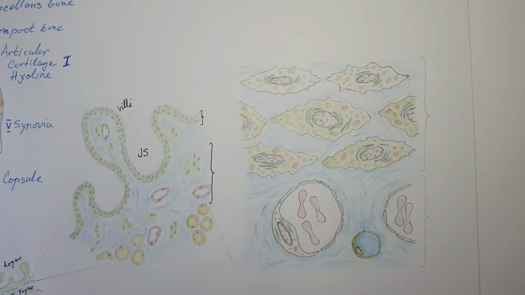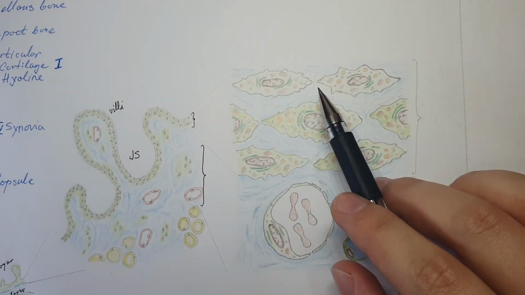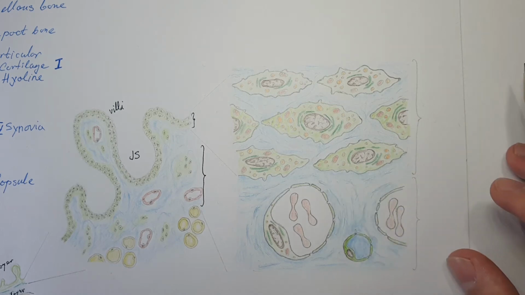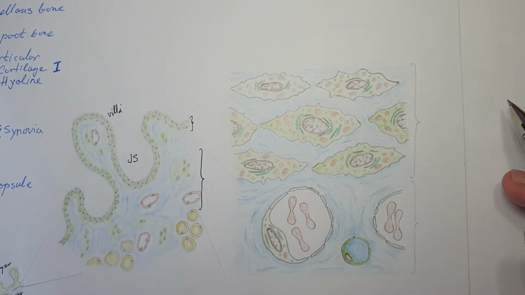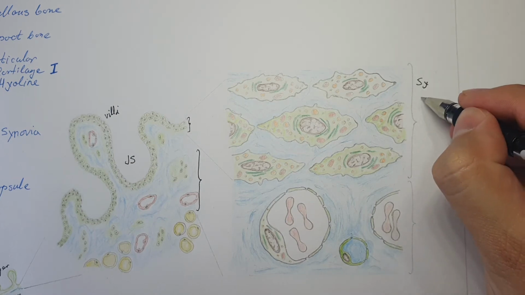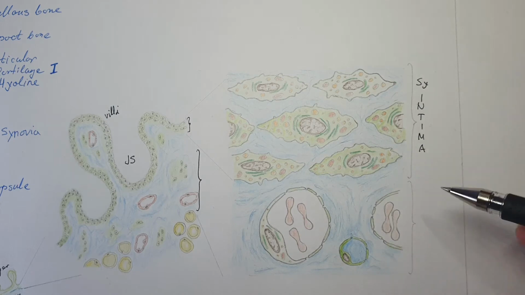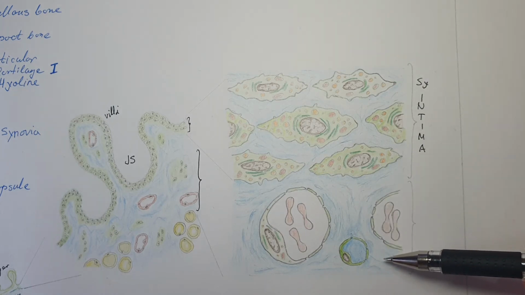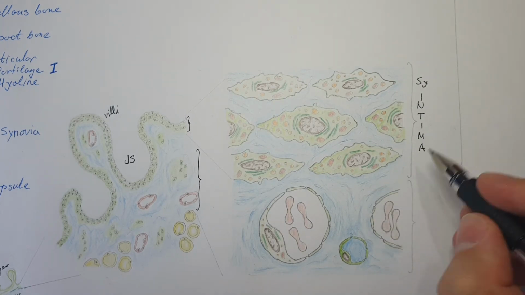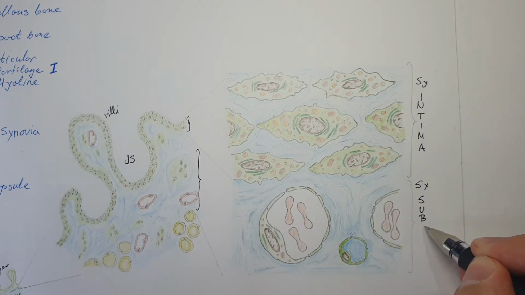This cellular layer is actually called the synovial intima. And this part that is underneath, or this subpart, is called, logically, the synovial subintima.